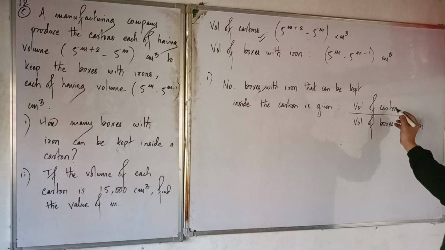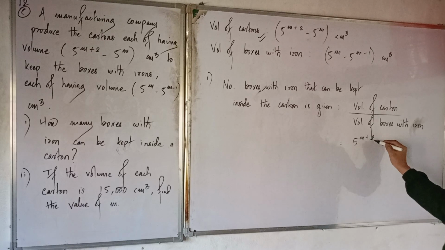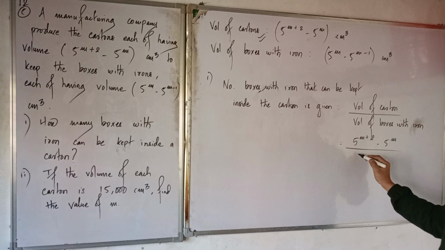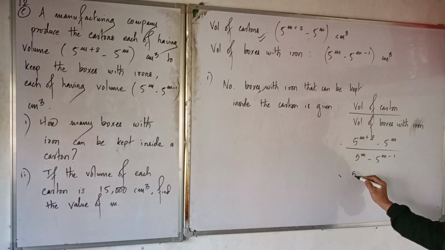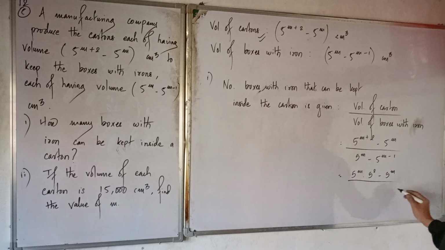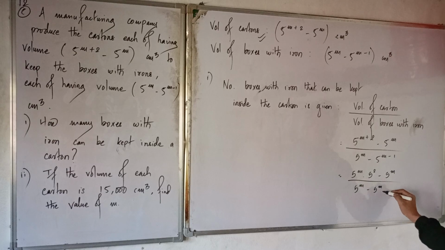Okay, now here volume of carton we have 5 power m plus 2 minus 5 power m, whole divided by 5 power m minus 5 power m minus 1. Try to disintegrate this. 5 power m times 5 square minus 5 power m, divided by 5 power m minus 5 power m times 5 power minus 1.